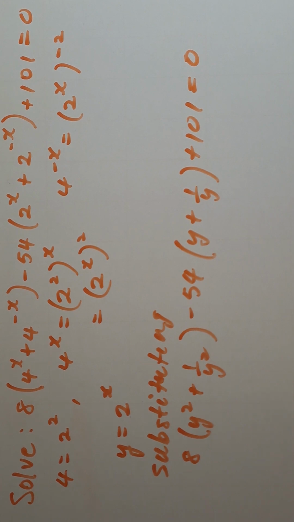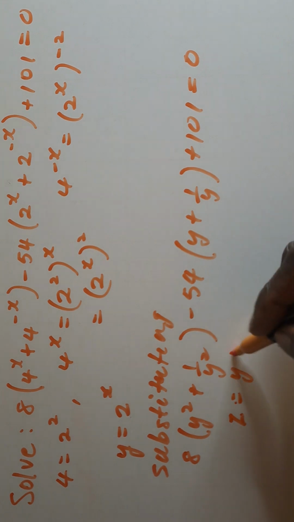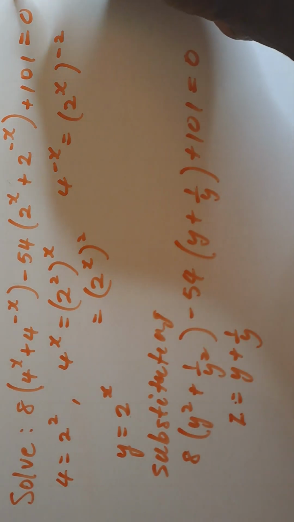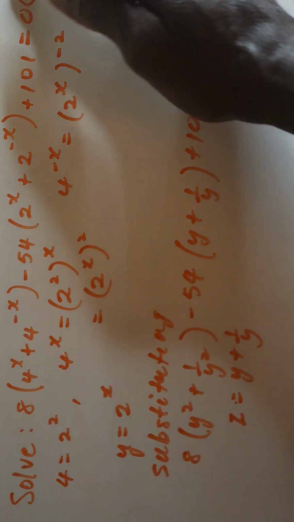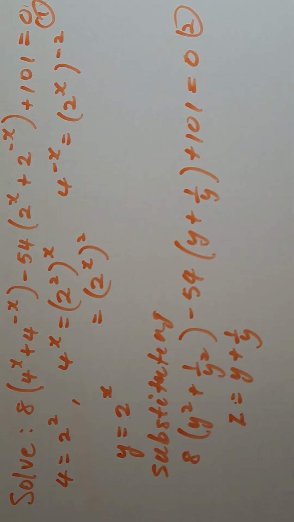But further to this, in order to simplify this, we can make another substitution. We can let z, sorry, be equal to y add 1 over y. So we can simplify our second equation. So this is the original, and we have here in y, and now we have a substitution with z.